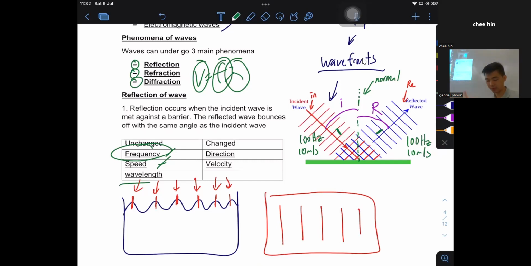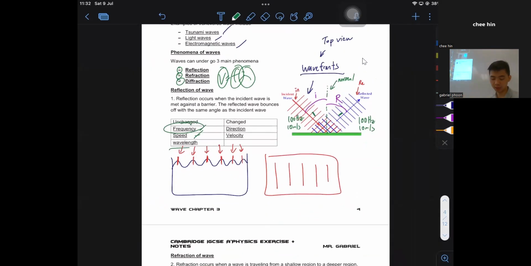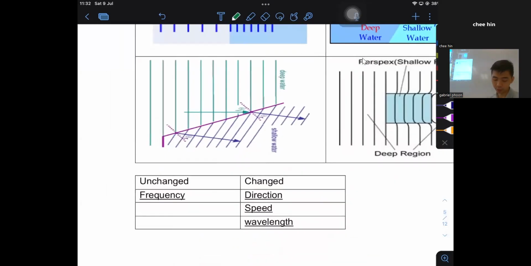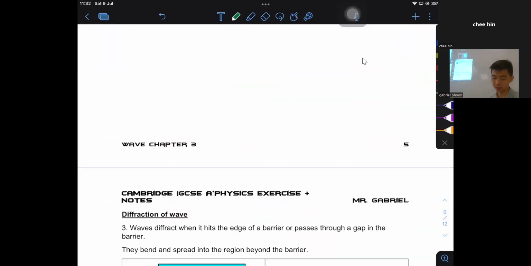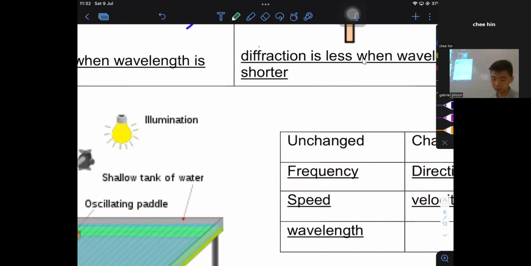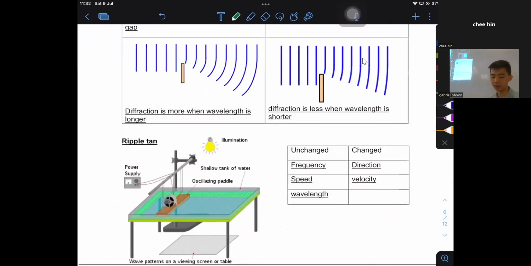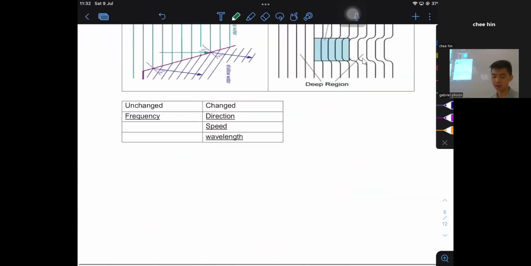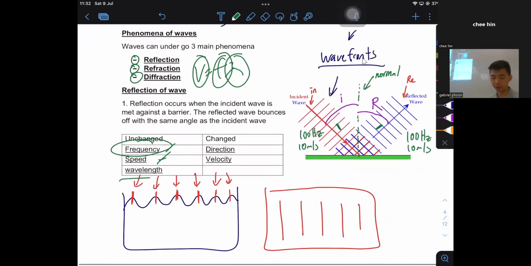Very, very important. Frequency never ever changes. And that's why you see later on, you see here, frequency doesn't change. This is for that refraction. You see here, frequency doesn't change again, right? This is for diffraction, guys. Always remember that frequency will never ever change. Okay?